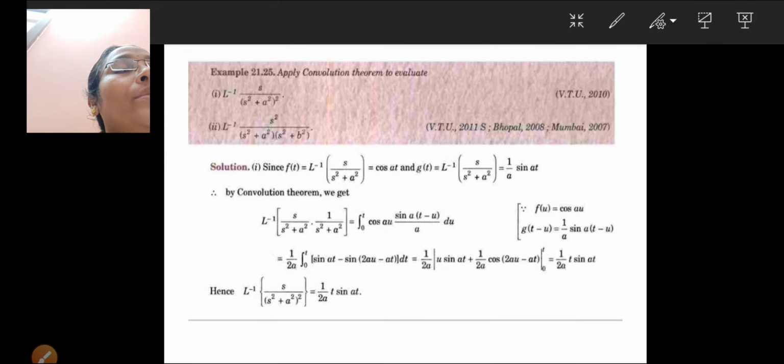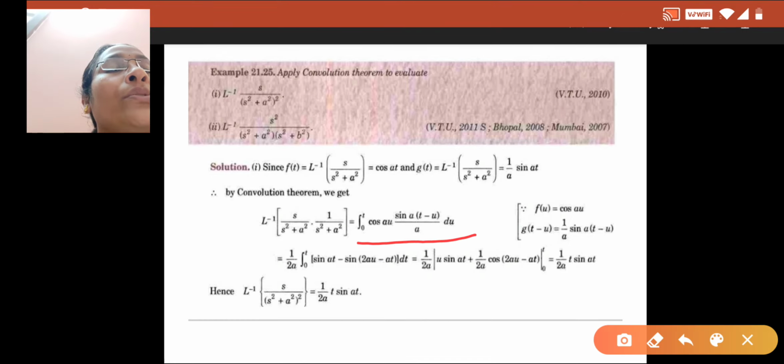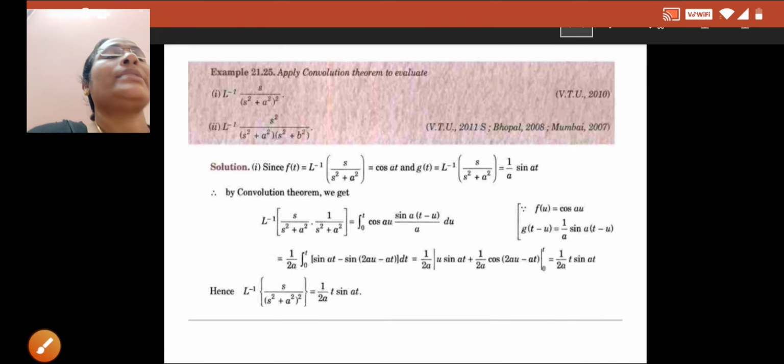Now by evaluating this integral from 0 to t of cos au sin of a into t minus u by a du, you will get 1 by 2a t into sin at. This is the inverse Laplace transform of s by s square plus a square whole square.